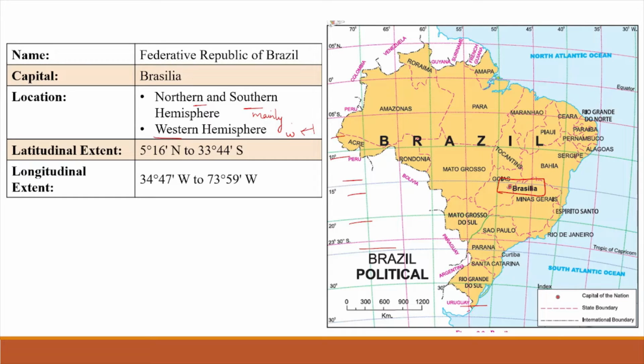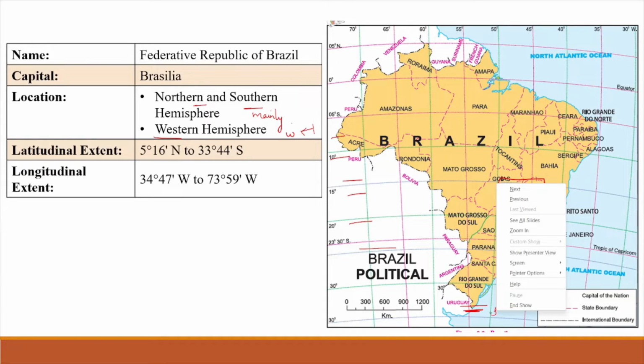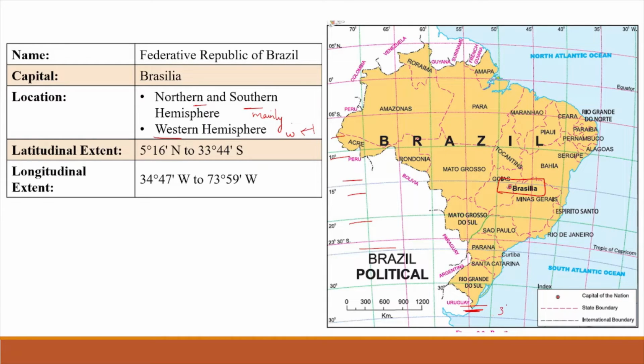Latitudinal extent, meaning these horizontal lines: how many of these lines are covered by Brazil? So Brazil, if you see the southernmost point, it is 33 degrees 44 minutes south. Why south? Because it lies mainly in the southern hemisphere. But if you see the northernmost part of Brazil, it's 5 degrees 16 minutes north.